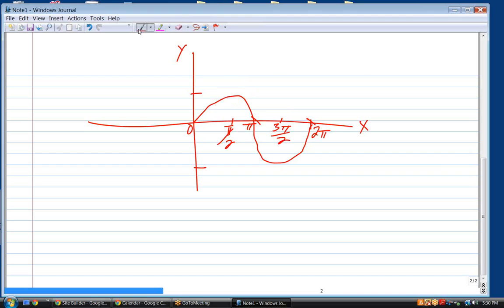Now, the reciprocal of sine is cosecant. And what that tells you is that whenever the sine is equal to 1 or minus 1, the cosecant has to be equal to that also, because the reciprocal of 1 is 1.